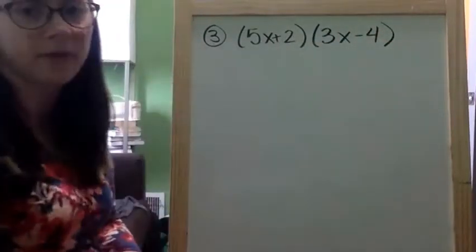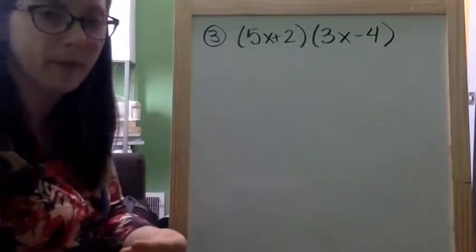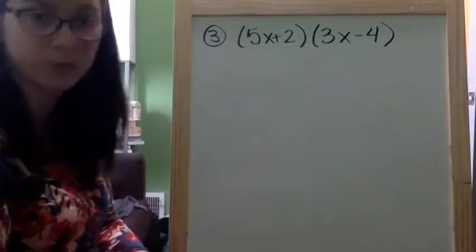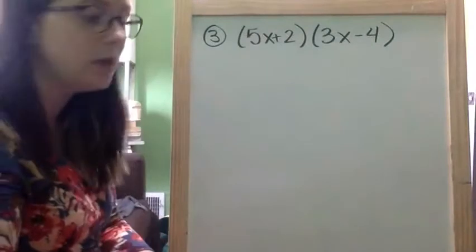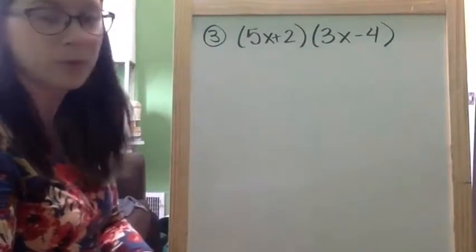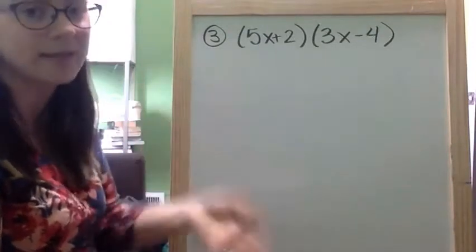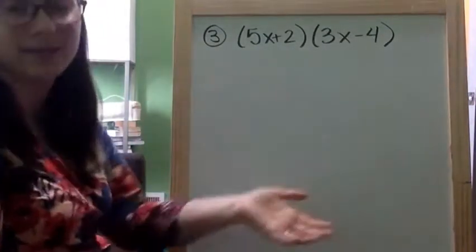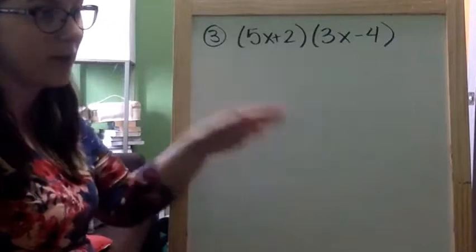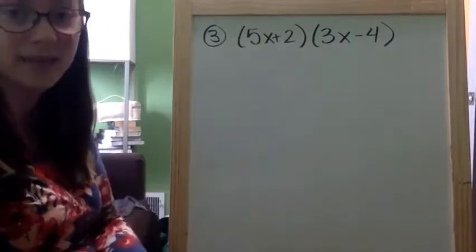And what I'll do for this one is I'll actually show you both of the methods. We'll start with the distribution method, also known as FOIL, and we'll also show the box method, and you'll see that it gets us the same answer, and actually every step of the way we will see the same terms.